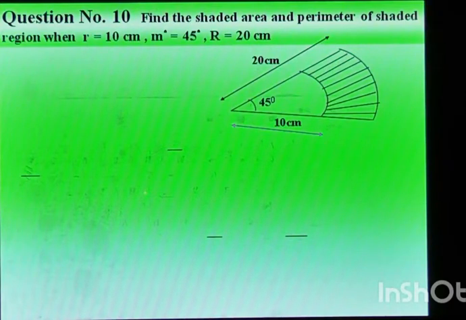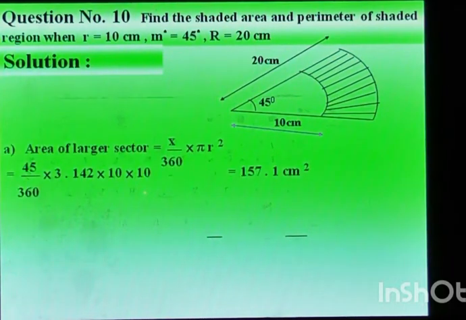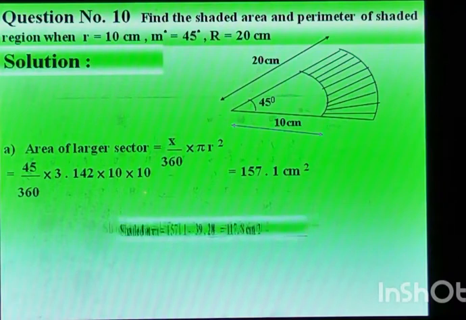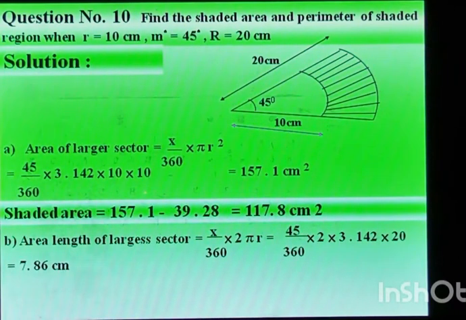Again it's the same scenario that we will find both the area of the sector with radius 10 and the area of the sector with radius 20. Then for the shaded region we will subtract, and the length of the largest sector is equal to this.